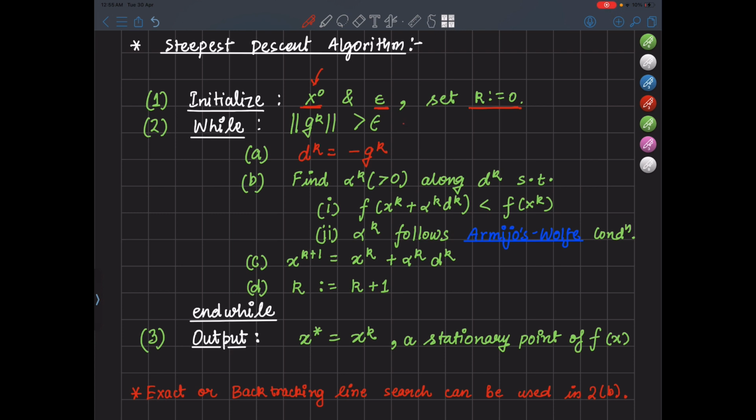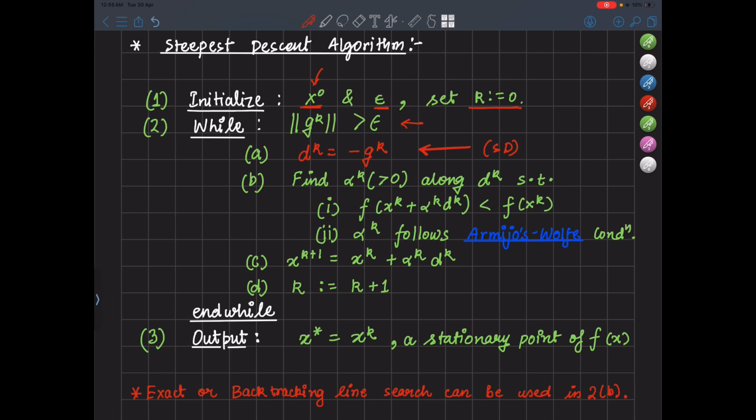Now we start a loop with a stopping condition such that if the norm of the gradient is greater than epsilon, then the loop should continue. Now in selecting the descent direction, we select it as minus gk. This is the main step in the steepest descent algorithm. The rest of the algorithm is the same.